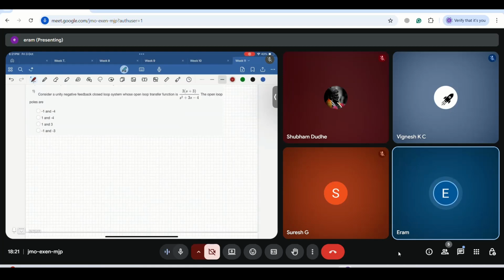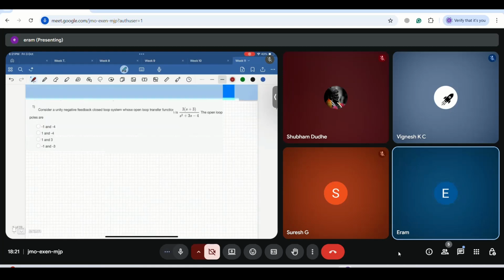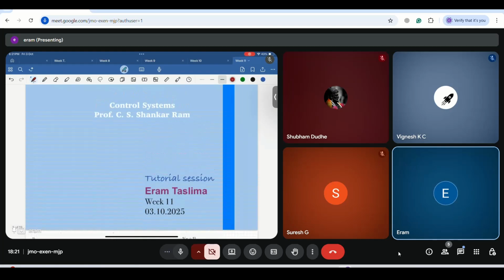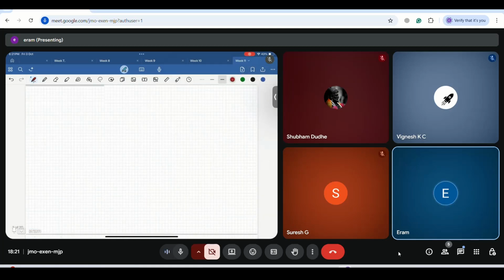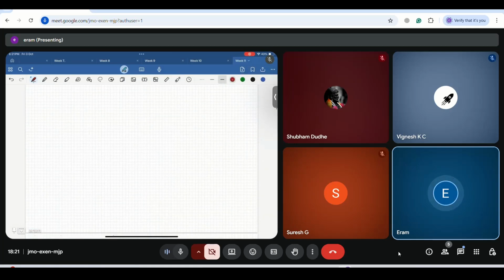Okay, before that, Shubham, were you able to figure out the dB per decade and dB per octave relation, or were you able to solve the assignment problem? Yes, ma'am.